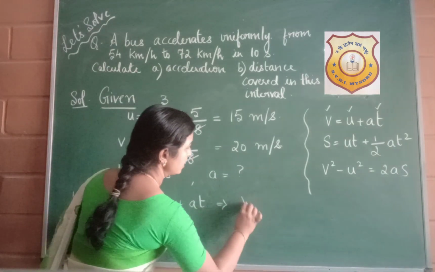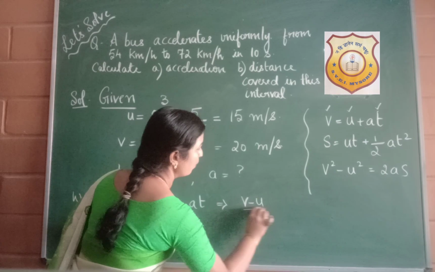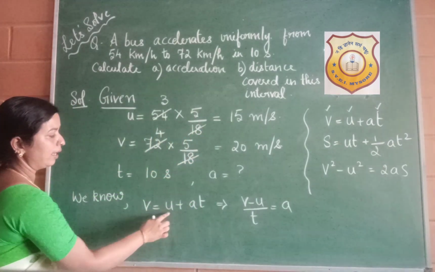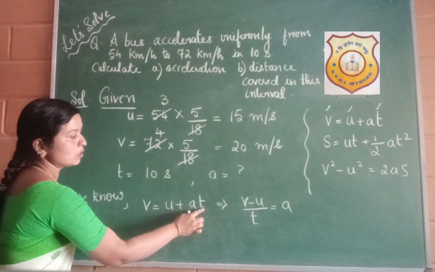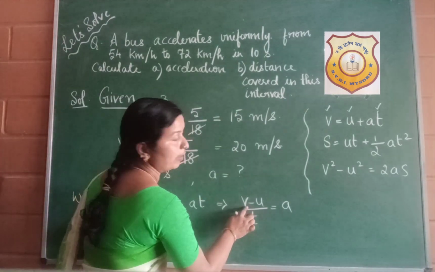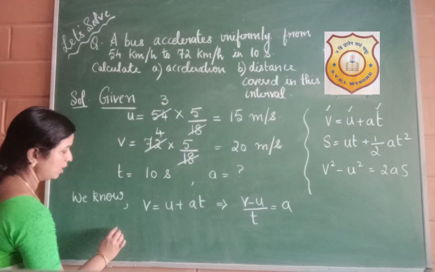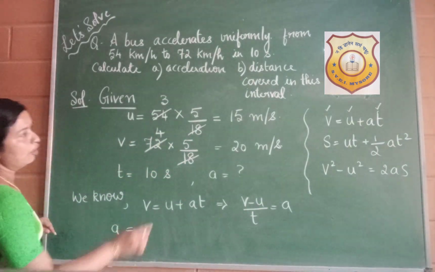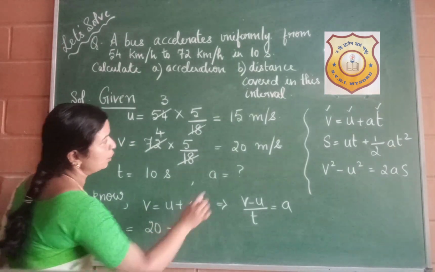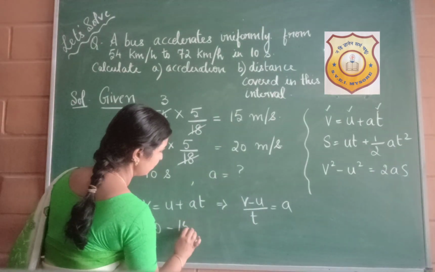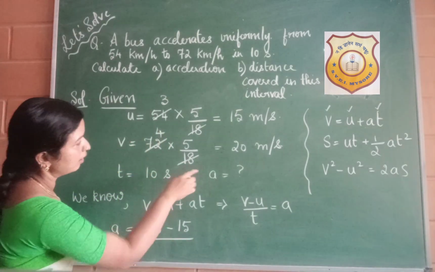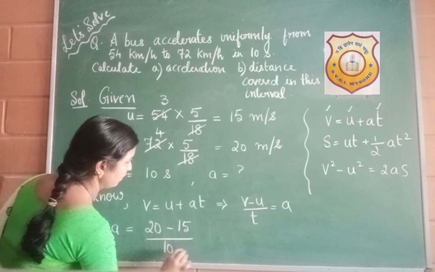We get it as (v minus u) by t equal to a. Alright? We are bringing u to the other side. We are also bringing t to the denominator. So we get a equal to (v minus u) by t. So substitute the values. v is 20, u is 15, by time which is 10 seconds.